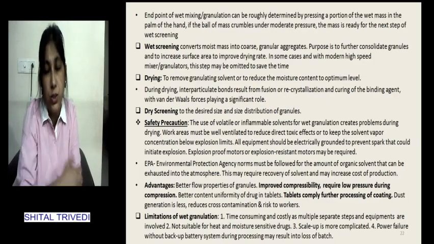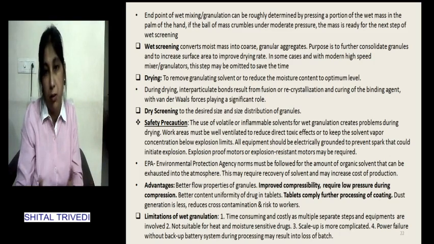This wet granulation method is very popular and commonly used, even though it involves many processing steps and much equipment. So why?